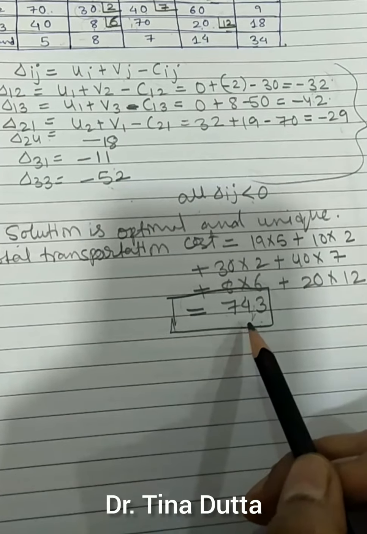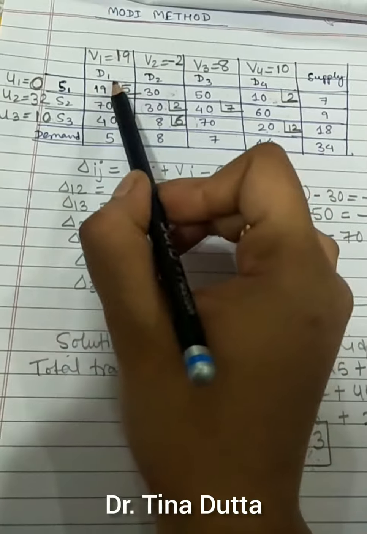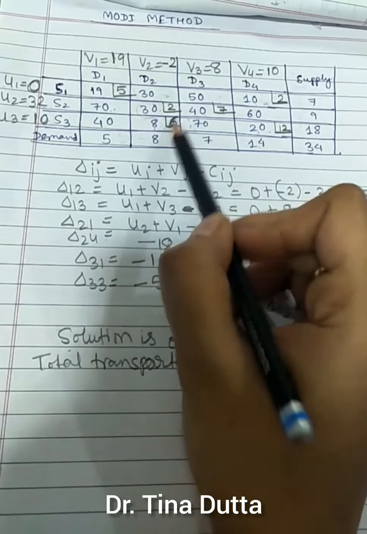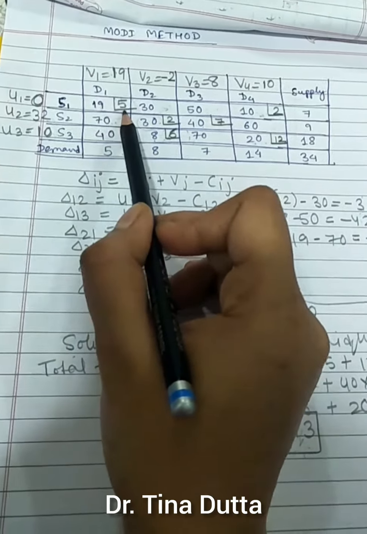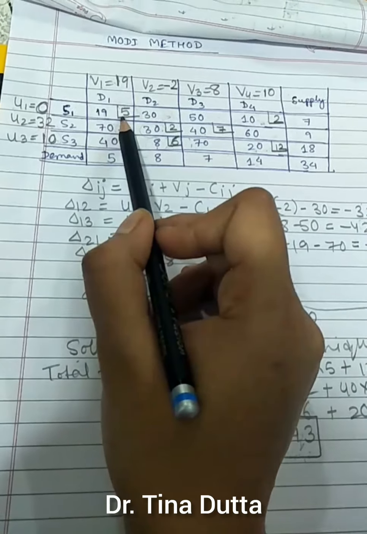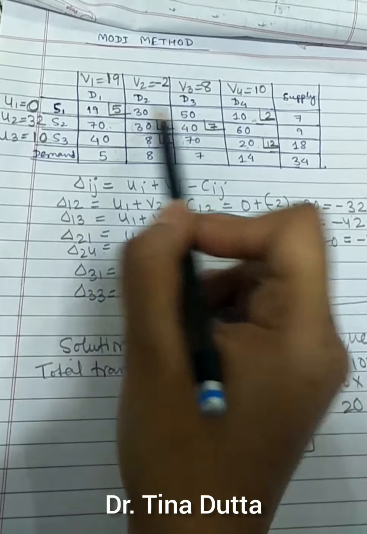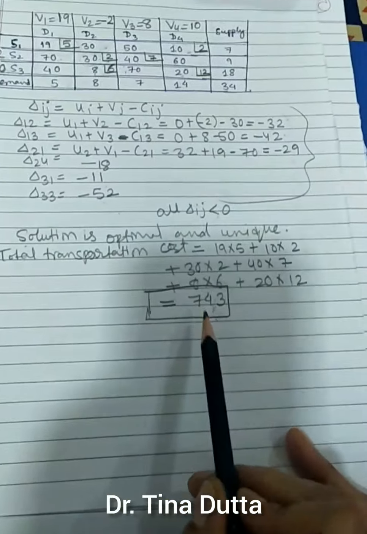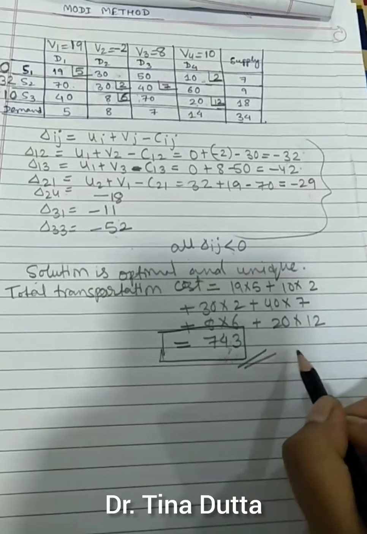We have reduced around rupees 36 by altering this transportation schedule. So this is the final transportation schedule. That means 5 units of goods should be transported from source 1 to destination 1, 7 units of goods should be transported from source 2 to destination 3, and likewise. And if we follow this transportation schedule, the total transportation cost will be rupees 743. So this is the final answer.